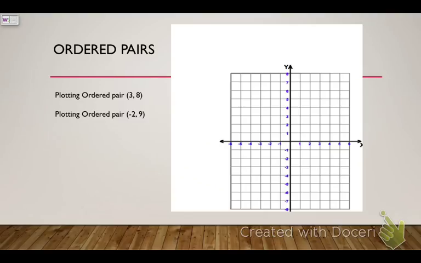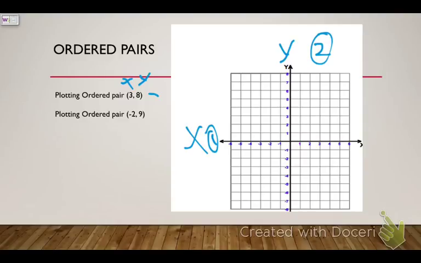All right? So I'm going to do these two ordered pairs right now on this coordinate plane. So the first one is 3, 8. Now remember what I said. You always go x-axis first, y-axis second. So the very first one is your x, 8 is the y. So we're going to go over 3 to the right. So we're going to be over here, right there.